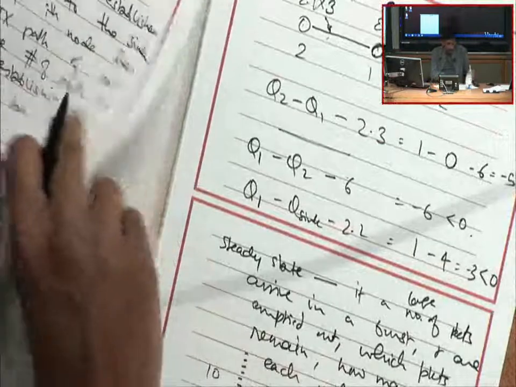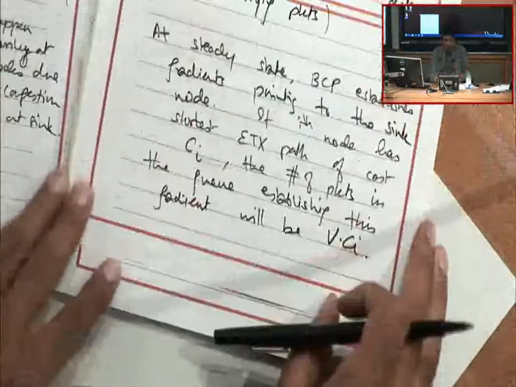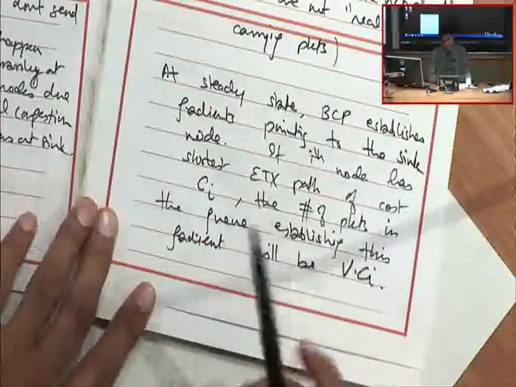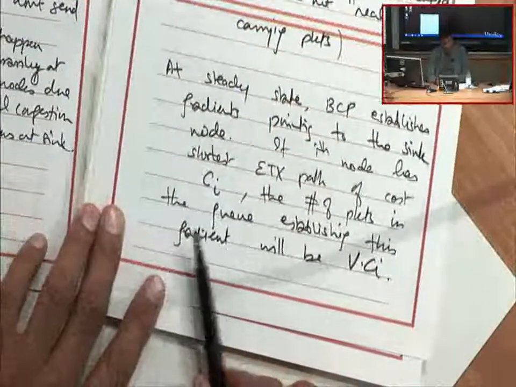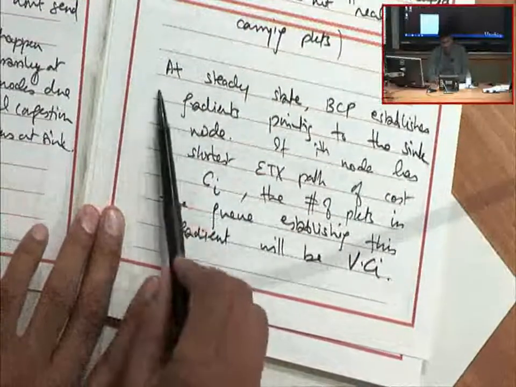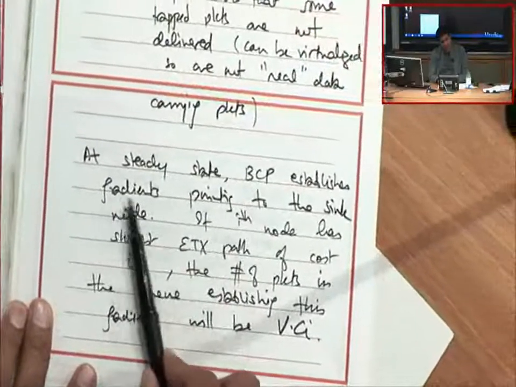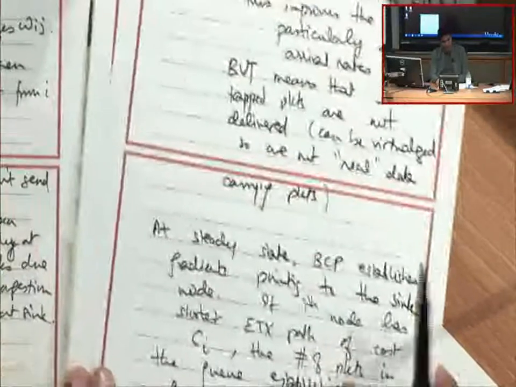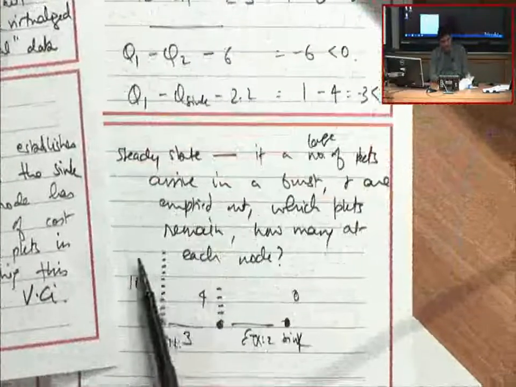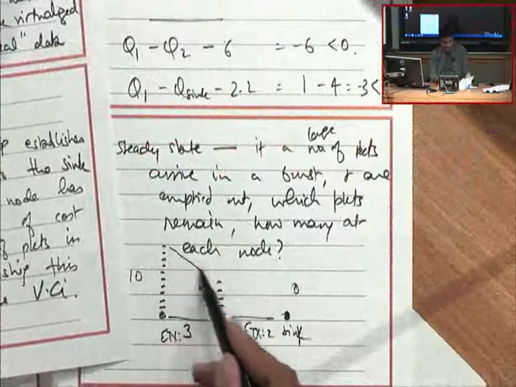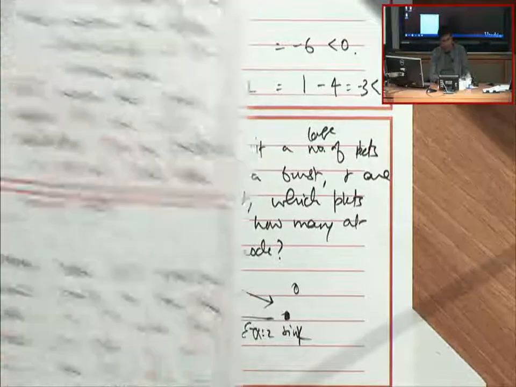Okay? But I said something a little bit stronger a couple of pages above. I said at steady state, what BCP is going to do is it's going to establish these gradients pointing to the sink node. So by gradient, we mean this decreasing number of packets pointing towards the sink node.